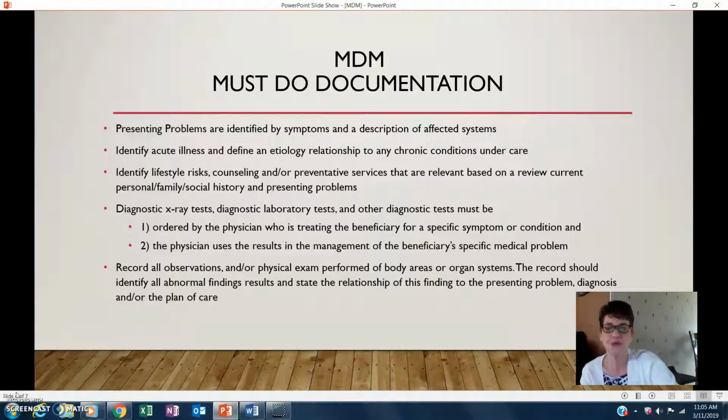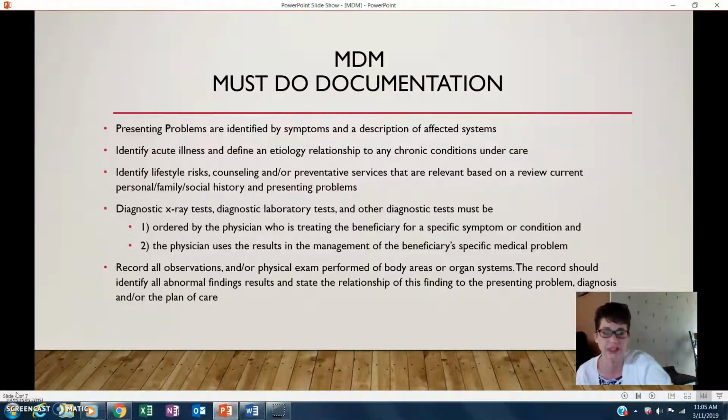If you are going to frame medical decision making as a question and answer, or as a relationship to the other components that you're familiar with as history and exam under 1995 or 97 guidelines, you can relate them as cause and effect. For instance, the presenting problem is the chief complaint.